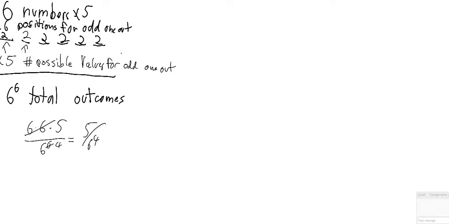But if the question was at least 5, we couldn't just make this a 6. The reason is if this number is a 2, we would be double counting, because having 2, 2, 2, 2, 2 is the same as if the odd position out is over here and this one's a 2. Does that make sense?